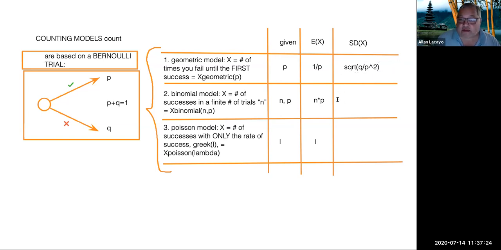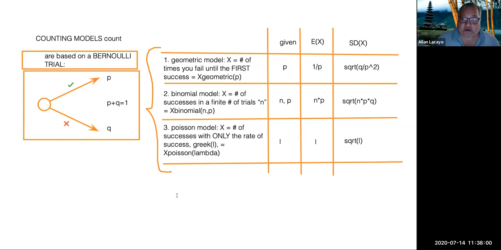To calculate the standard deviation in a binomial, you take the square root of N times P times Q. Remember, Q is 1 minus P, the complement of P. And to calculate the standard deviation in a Poisson model, you take the square root of the rate of success lambda. And so those 6 formulas that you have here are the formulas to calculate expectations and to calculate deviations in these counting models.